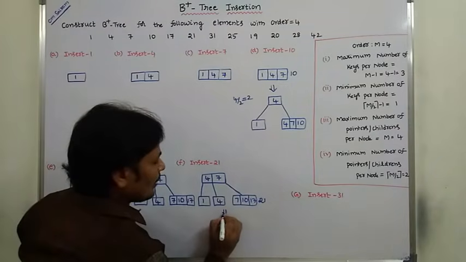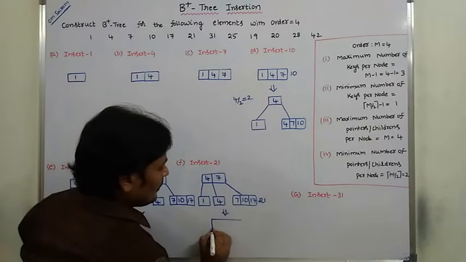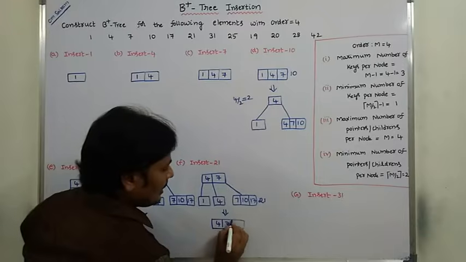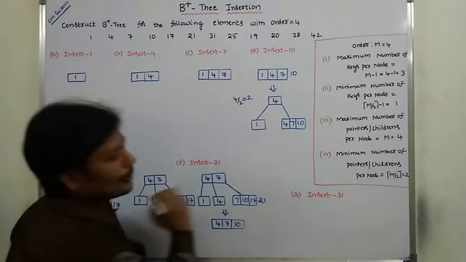So now it becomes 4, 7, 10 in the root node.